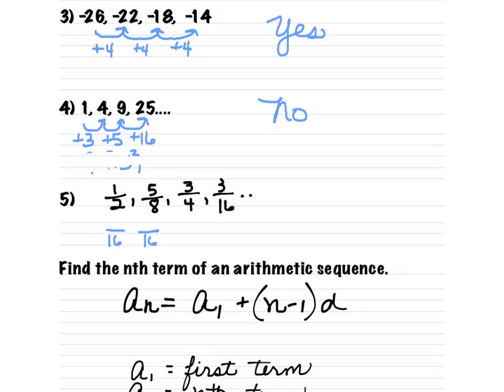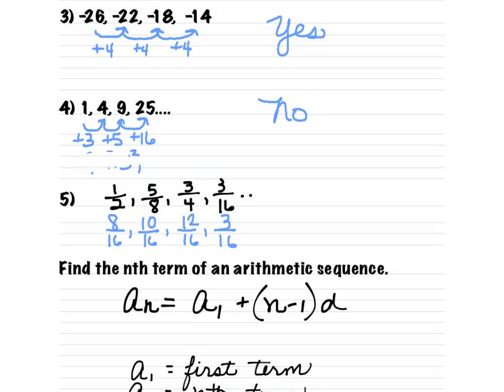If everyone has the same denominator, then we can properly evaluate this. So the least common denominator is 16. 3/16, 3/4 is 12/16, 5/8 is 10/16, and 1/2 is 8/16.